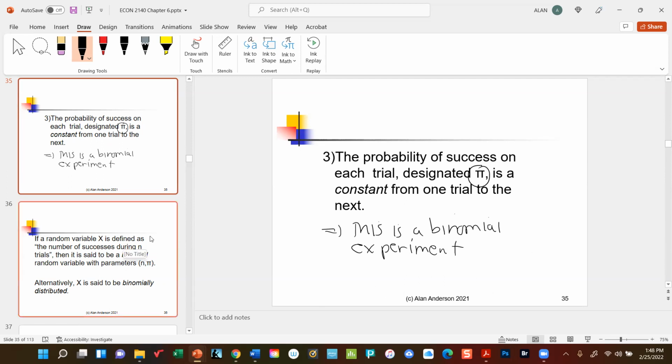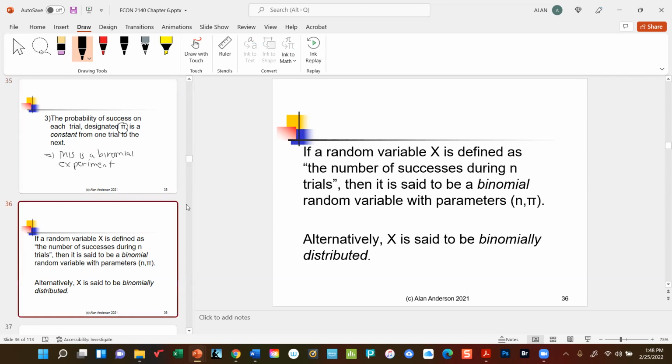And if it is, then X defined on this experiment as the number of successes that occur during n trials is now defined as a binomial random variable. It's not just any random variable. It is a special case known as a binomial random variable.